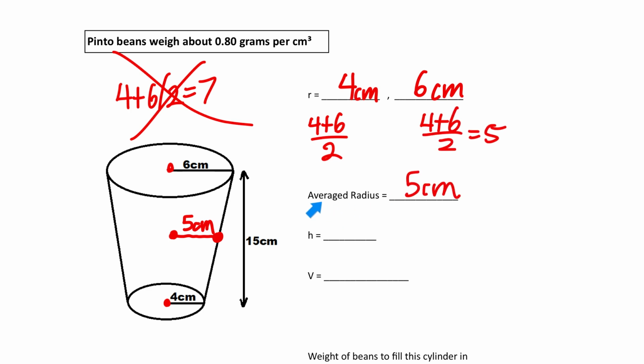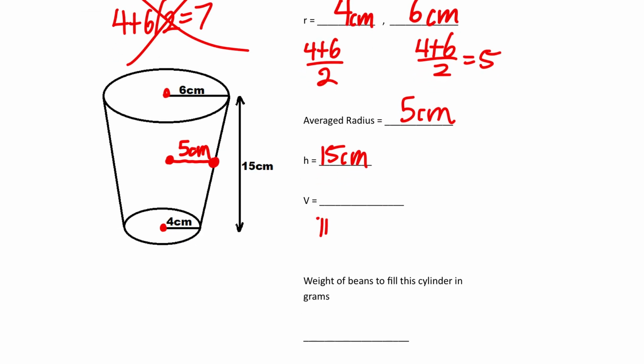So the averaged radius, the radius that it would be basically halfway up the cup, would be about 5 centimeters. Oh, okay. And the height I can see is 15 centimeters. So we're going to go pi times 5 squared times 15. And what does that give you?